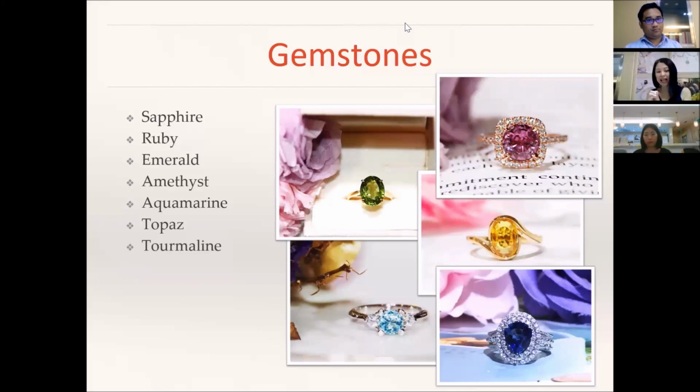Now, to the extent that sometimes when you see a perfect emerald, you will ask yourself, is this treated? Is this real? Or is this super costly? You get what I mean?